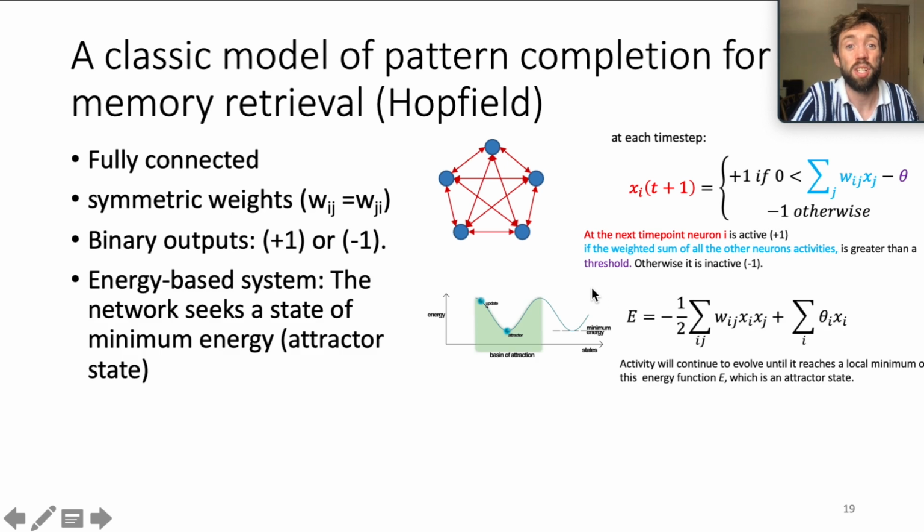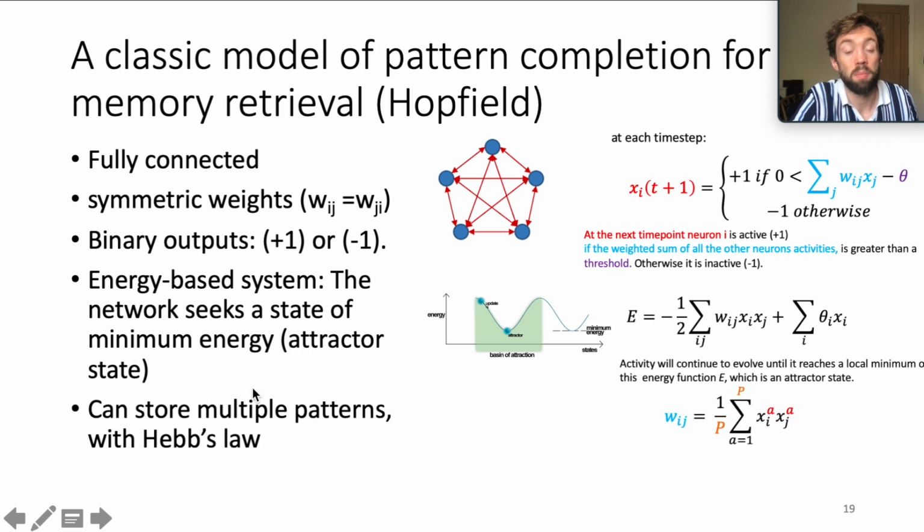This is an energy-based system whereby the network seeks to reach a state of minimum energy, which corresponds to an attractor state of the system. So here we can see the energy function, and activity will continue to evolve with these dynamics until it reaches a local minimum of this energy function E, which is an attractor state.